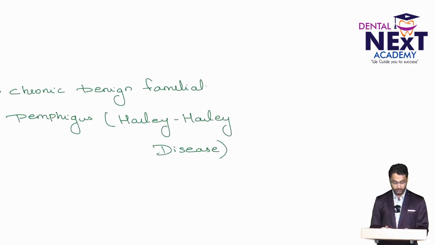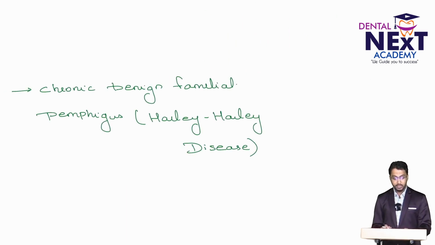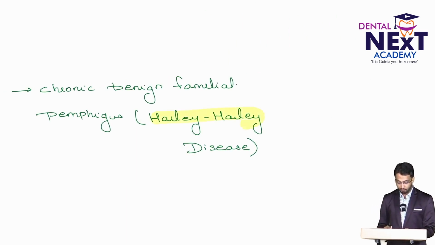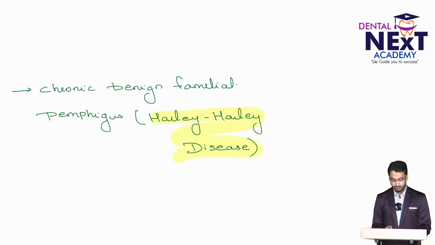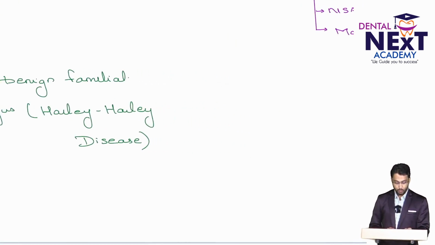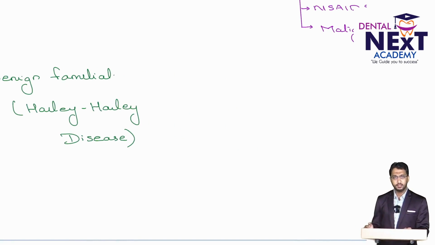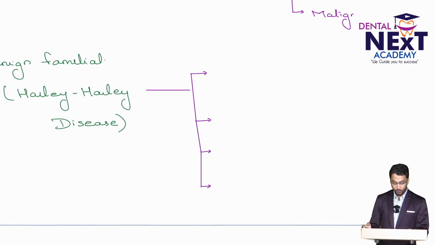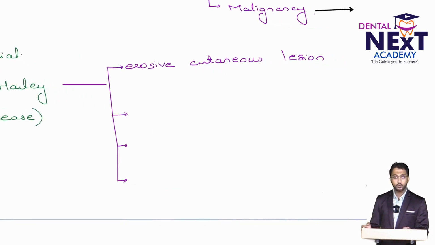Now let us come on to the chronic benign familial pemphigus, or the other name, very, very important, Hailey-Hailey disease. Family Hailey. That's how we can remember. Chronic benign familial pemphigus, or Hailey-Hailey disease. Now, what is the difference between this disease and the normal pemphigus? That's what we're going to see. One is, it's an erosive cutaneous lesion.